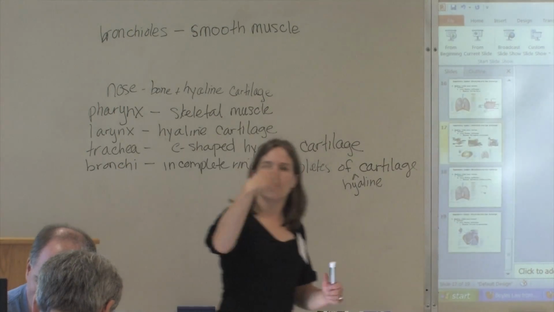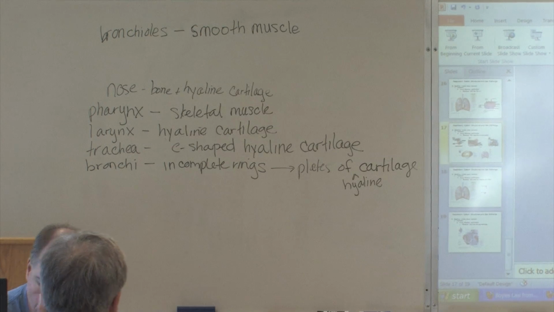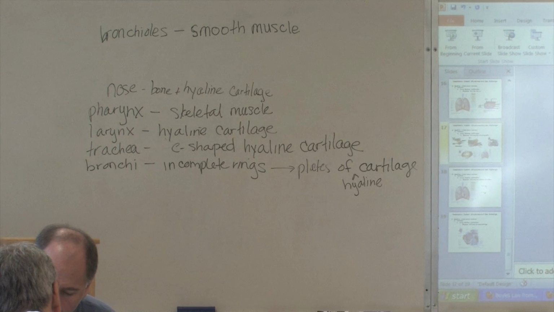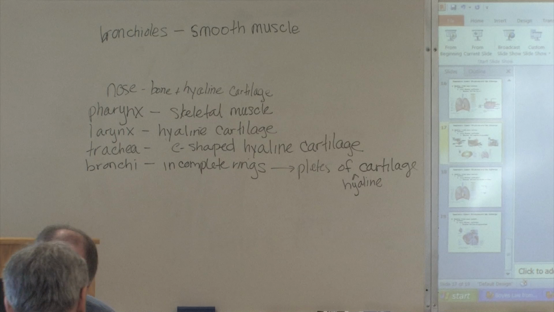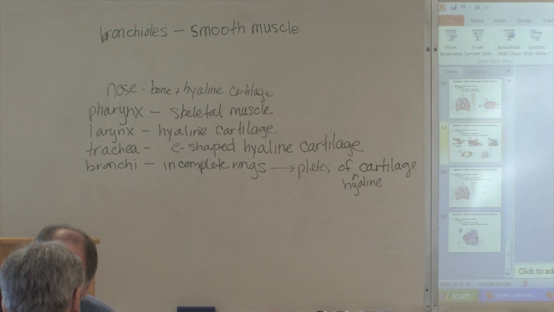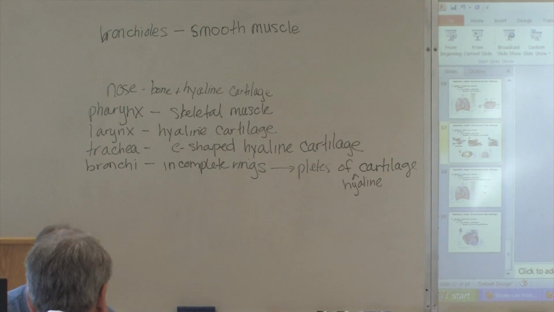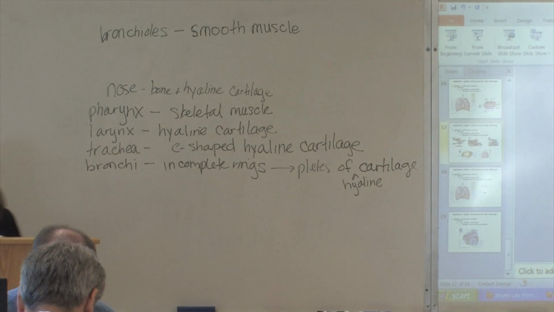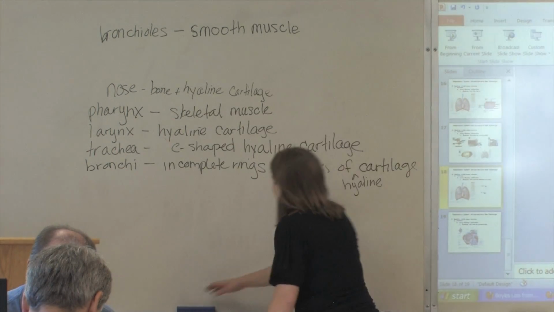As the cartilage decreases, the walls are replaced by smooth muscle. Okay, so the bronchioles have smooth muscle instead. This smooth muscle in the bronchioles provides them an opportunity to function as a regulator of airflow. So structures that allow for alteration to airflow are the bronchioles.